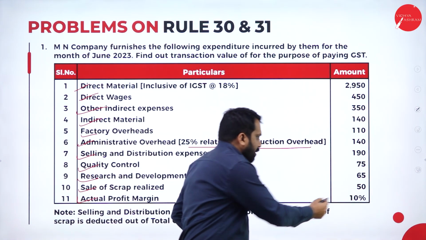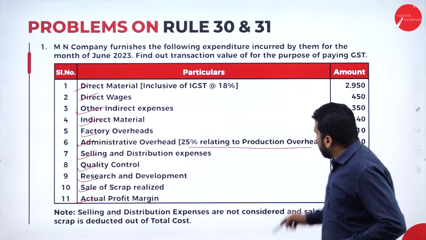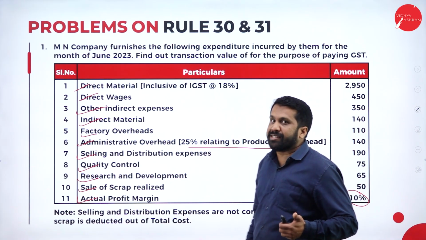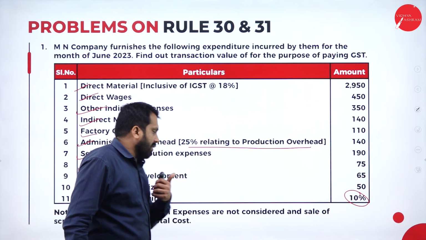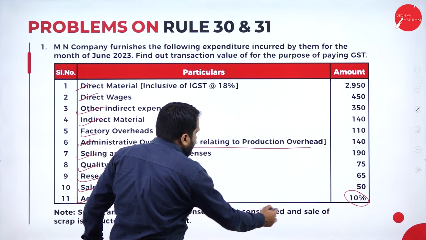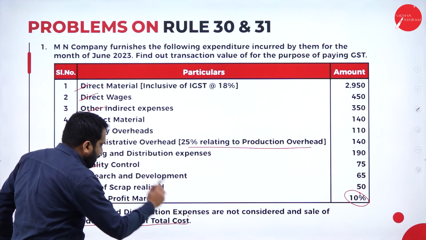All put together, the profit margin is how much? 10%. Means up to this cost, the 10% is profit margin. Cost plus 10% is your selling price. Now, selling and distribution expenses are not considered and sale of scrap is deducted out of total cost.